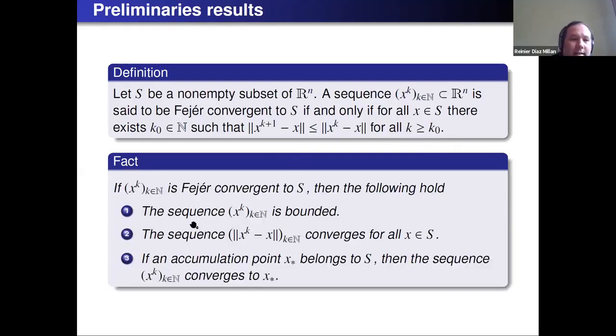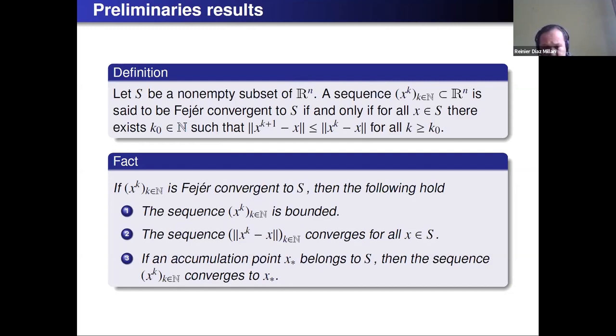Some facts on Fejér convergence: when the sequence is Fejér convergent to a set S, then this sequence will be bounded. The sequence will satisfy this condition that for any point in S, the distance to it will be convergent. And as we are working in finite dimensional spaces, it is enough that one accumulation point belongs to the set S for the sequence to be Fejér convergent related to the set.